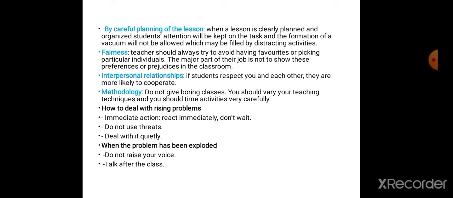One of the techniques is careful planning of the lesson. When a lesson is clearly planned and organized, students' attention will be kept on the task and the formation of a vacuum will not be allowed, which may be filled by distracting activities.